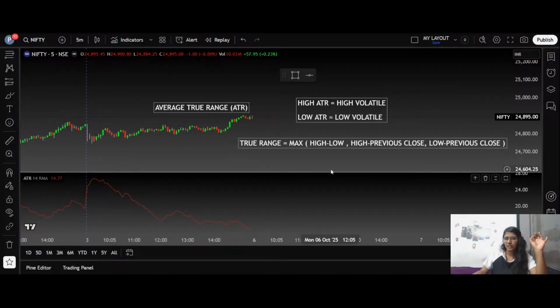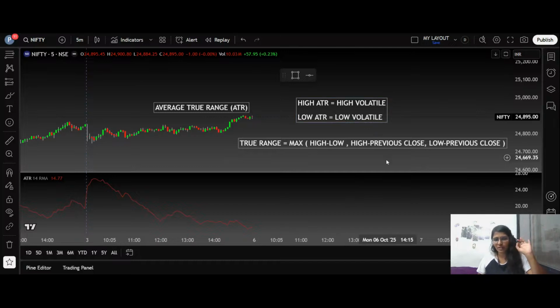Suppose here the maximum is high minus low, so we'll take this. Suppose here the maximum is high minus previous candle close, then we will take this. Suppose low minus previous close is the highest, then we take this. So among all three, we take the maximum. This is the basic formula of average true range.